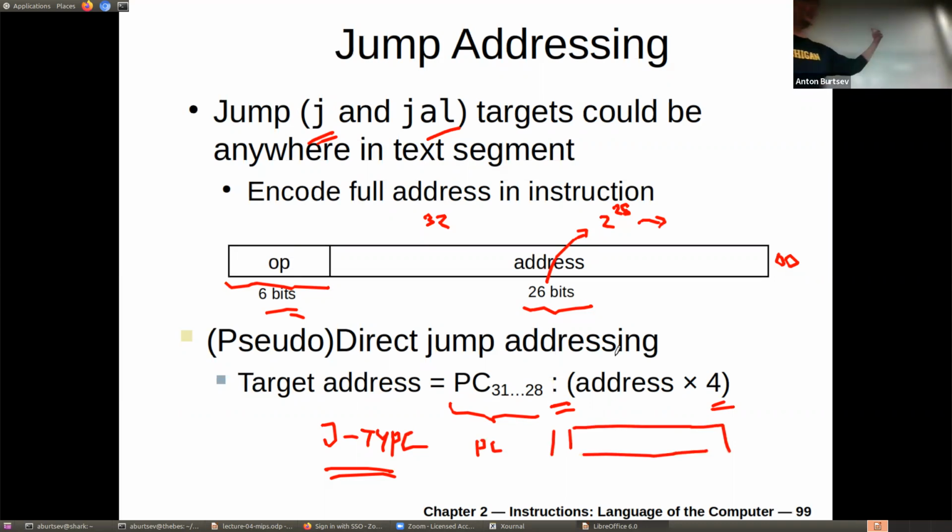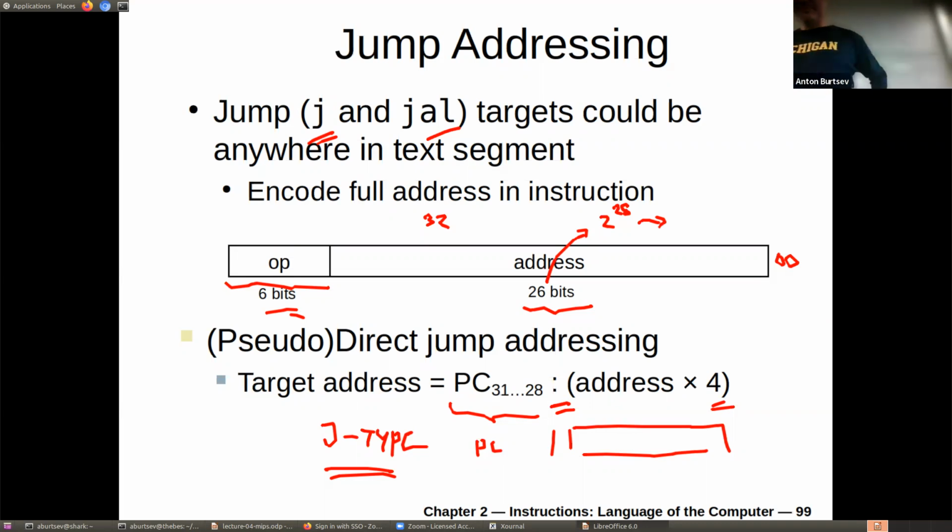So if you're loaded somewhere not in the lowest 256 megabytes, but let's assume at 1 gigabyte, then you can jump in the neighborhood of that 1 gigabyte plus 256 megabytes. They delegate this job to the linker, which we will cover. So you have to be careful. This is where it gets a little ugly, and I agree that it's ugly. That's their workaround. If you suddenly try to jump from gigabyte 1 to gigabyte 3, then you're screwed and you have to do something else. I'll show you in a second.